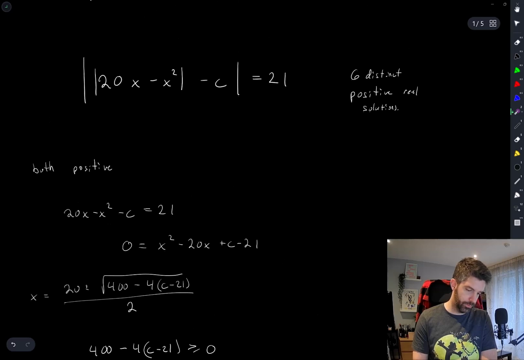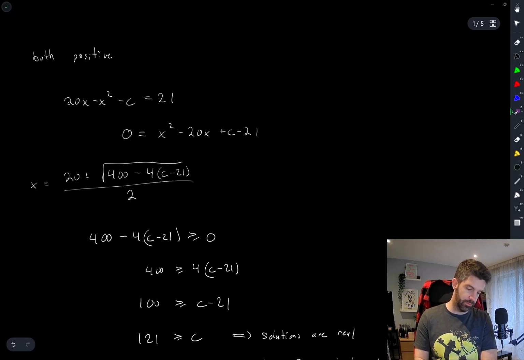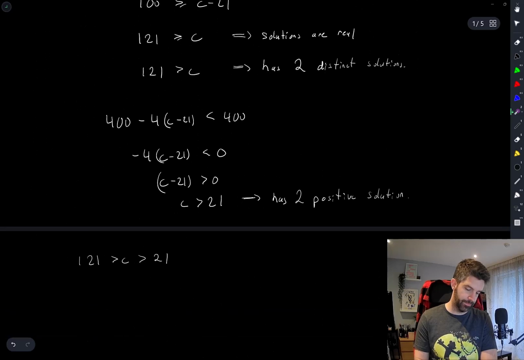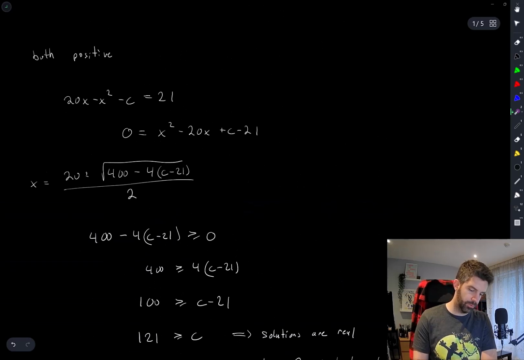So if I assume all the absolute values give me positive things, then for all of these values of c, there will be 2 positive solutions. But I suppose I need to check.